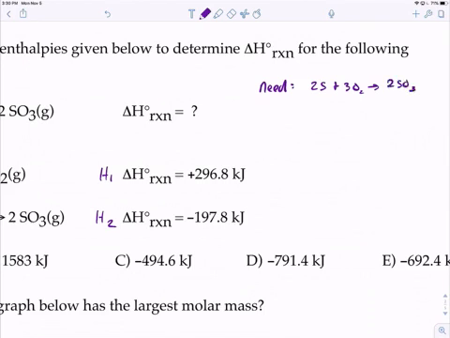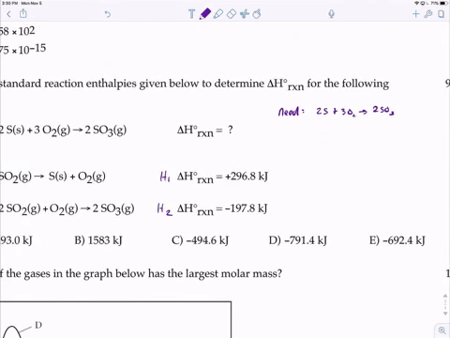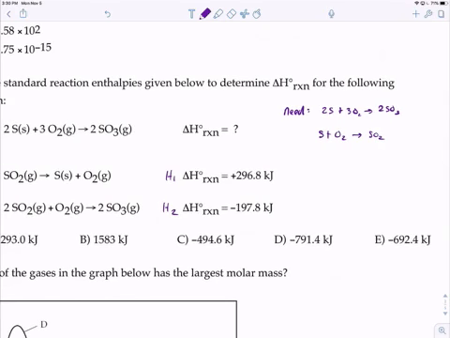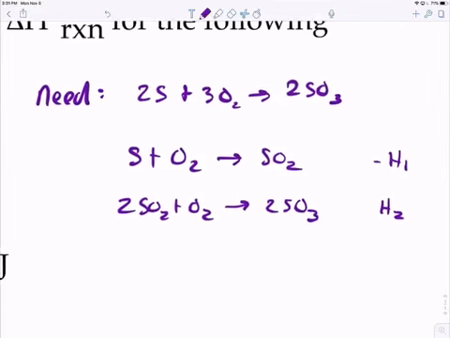That's what we need, and we have S plus O2 making SO2, and 2SO2 plus O2 makes 2SO3. So this is minus H1, plus H2.